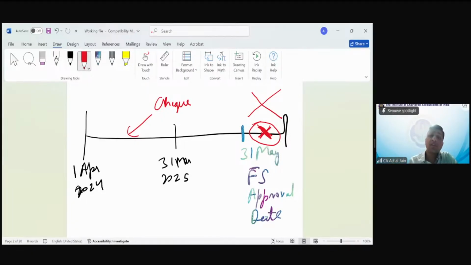Now let's suppose check gets dishonored, say on 30th of April. Is this event taking place during the period which we need to consider as per AS4? Yes or no? Yes, we can.